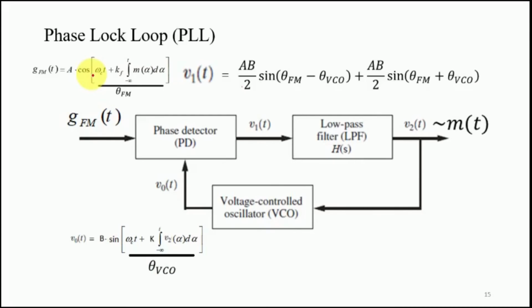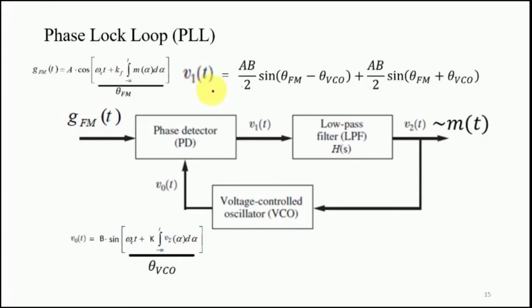So if we multiply a cos function with a sine function, we would have sin(theta_FM minus theta_VCO) plus sin(theta_FM plus theta_VCO), which is represented over here. So sin of alpha minus beta and sin of alpha plus beta. Moreover, you would have A times B divided by 2. This is coming from the trigonometric property.